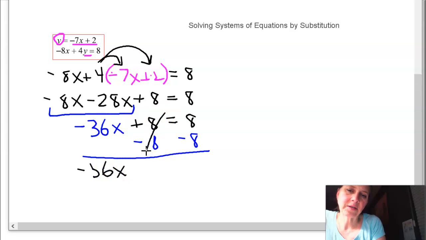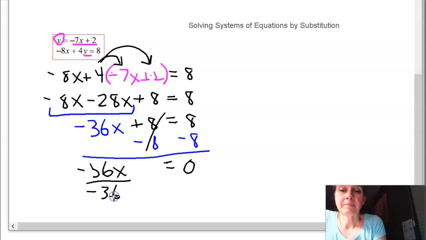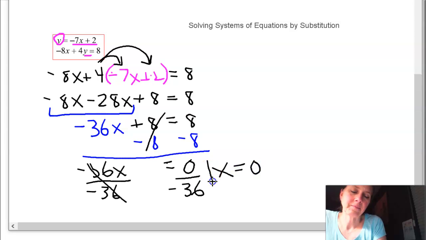These cancel out, and 8 minus 8 is 0. Divide by negative 36. So these cancel out. Now I know that my x equals 0. So I figured out my x.